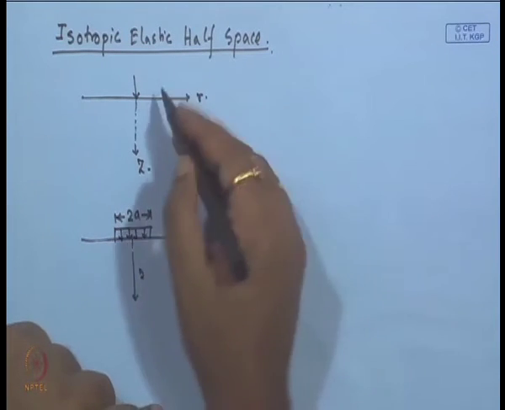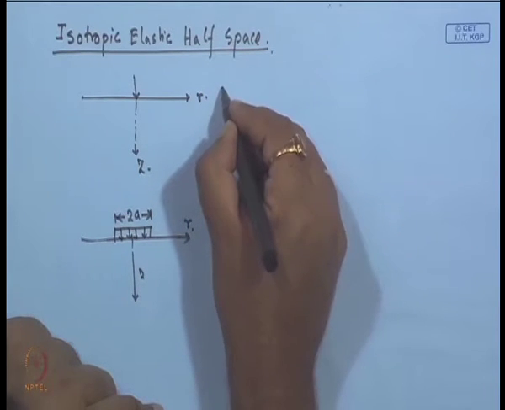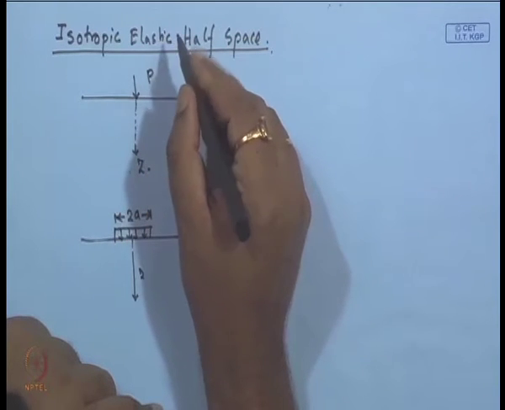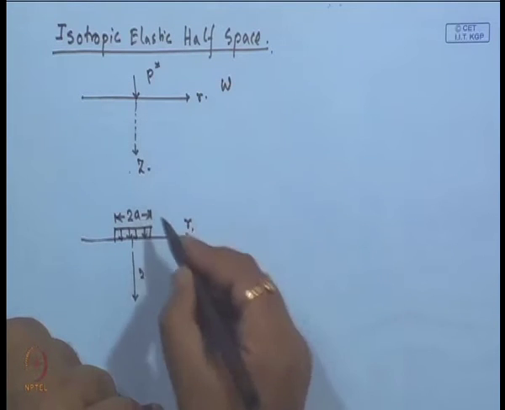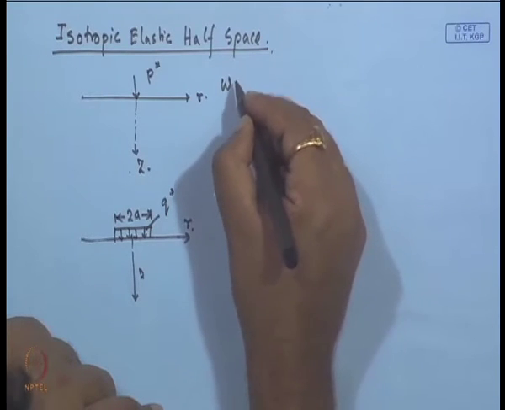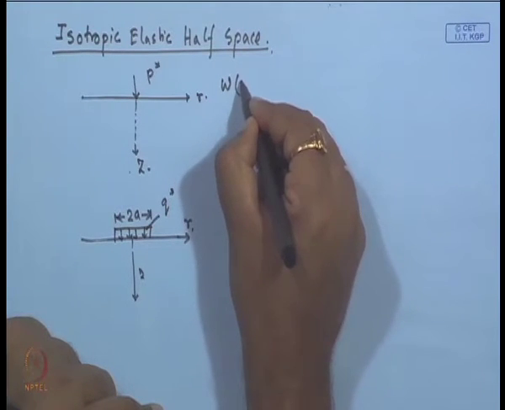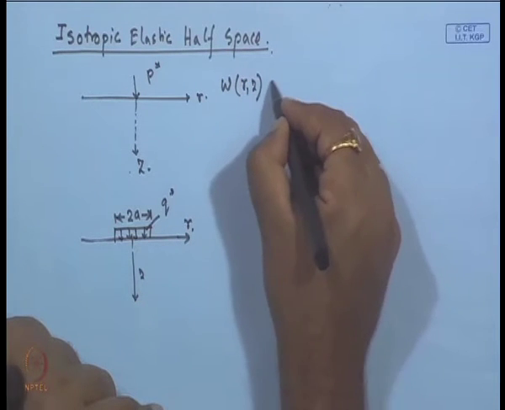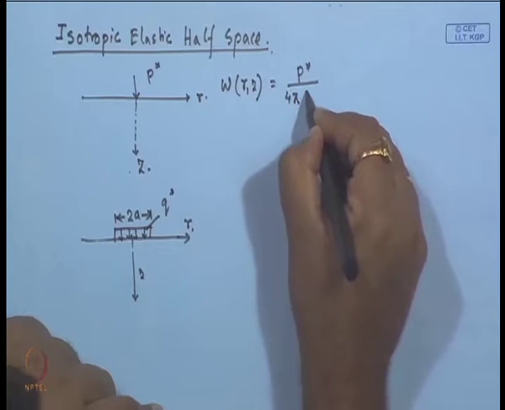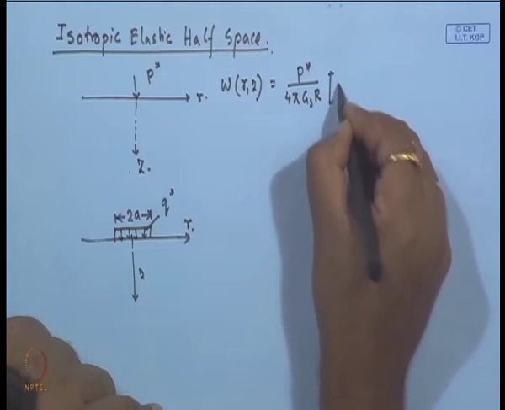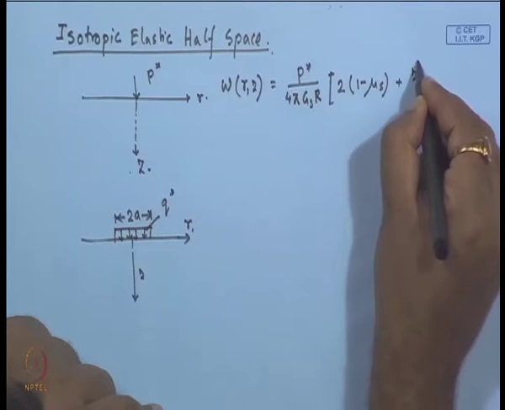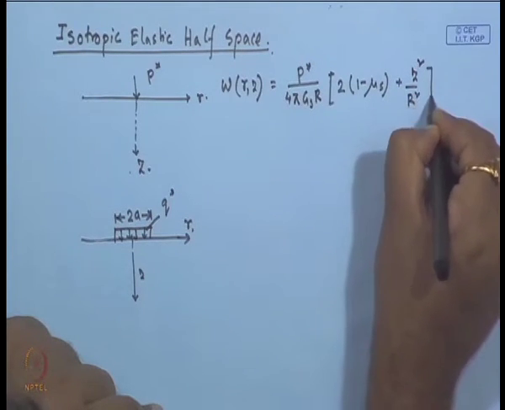So, we will get an axisymmetric condition. Here for the isotropic elastic half space, we will get the surface deflection for the concentrated load P dash, and here the intensity is q dash. So, we will get W r z equal to P dash divided by 4 pi G s R, times (1 minus mu s plus z square by R square).